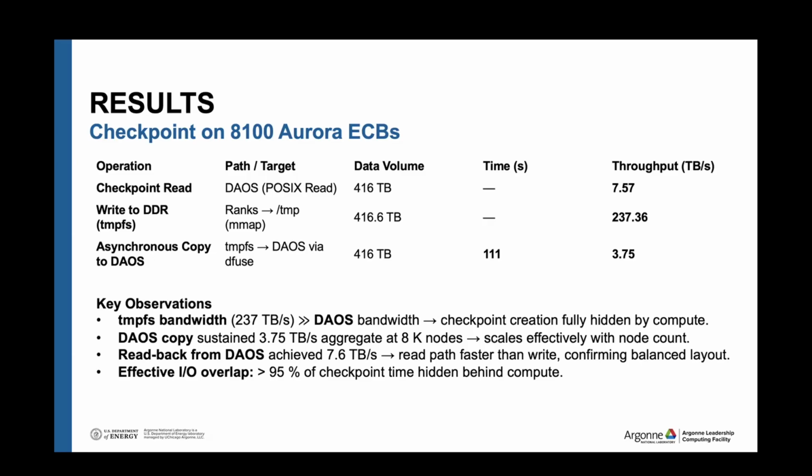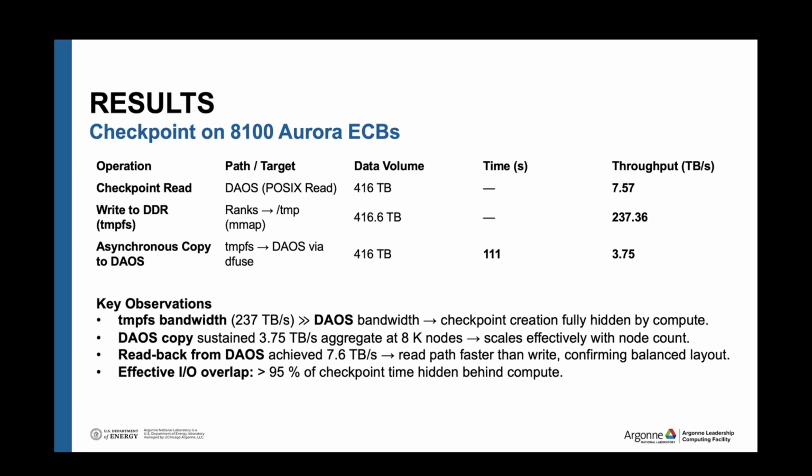And of course, the write speed that we get to DDR or tmpfs is extremely fast. That initial step is a very, very high number because it's split, sort of embarrassingly, across the entire machine.